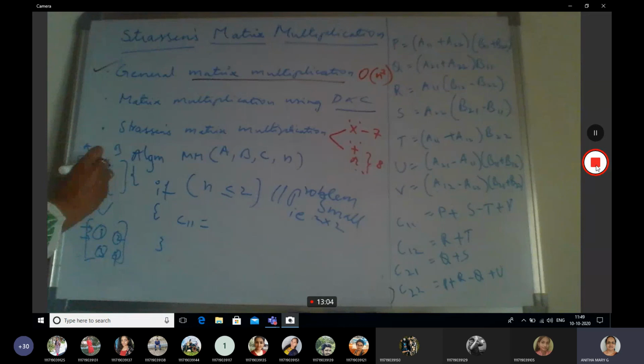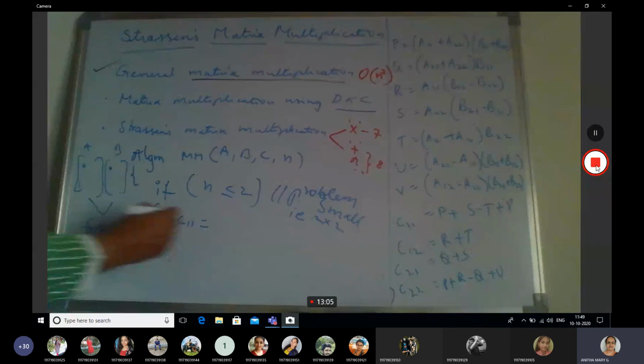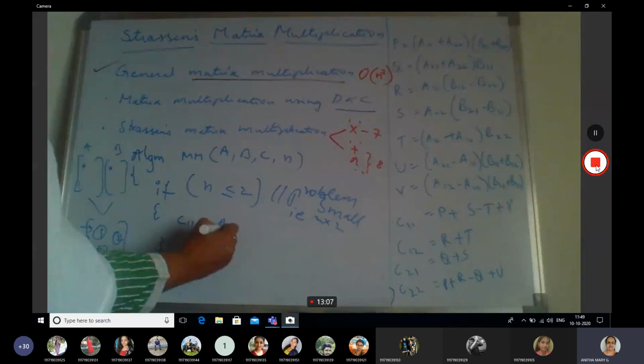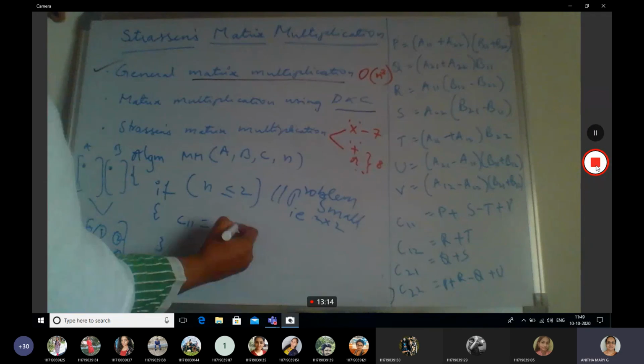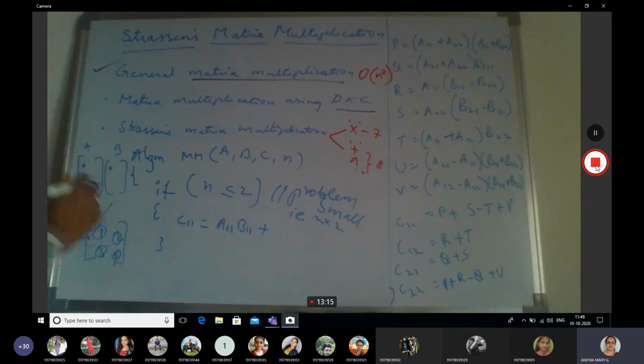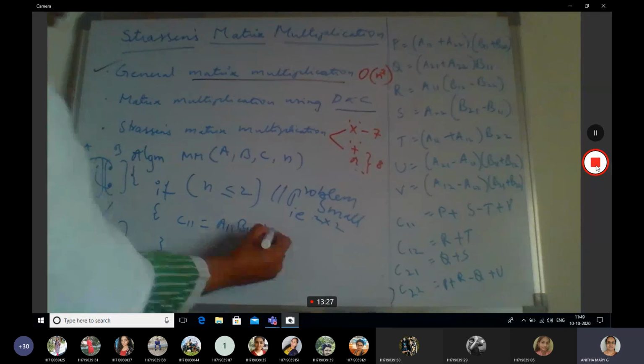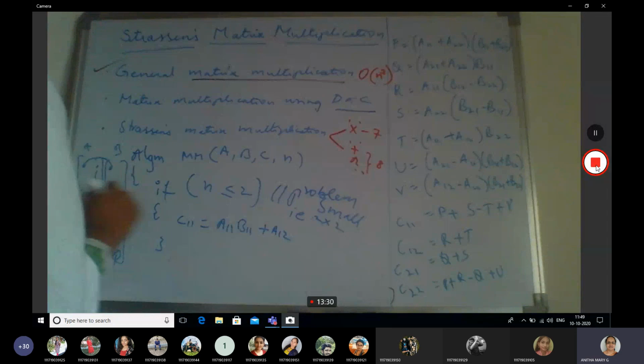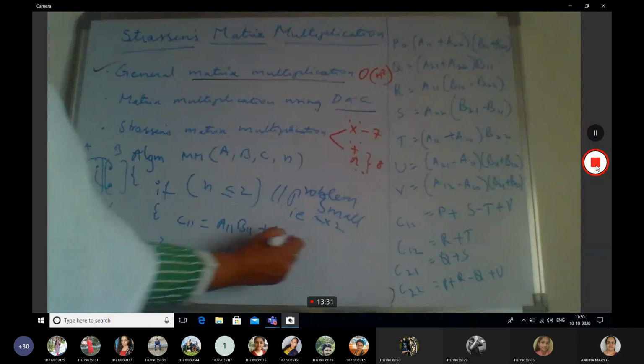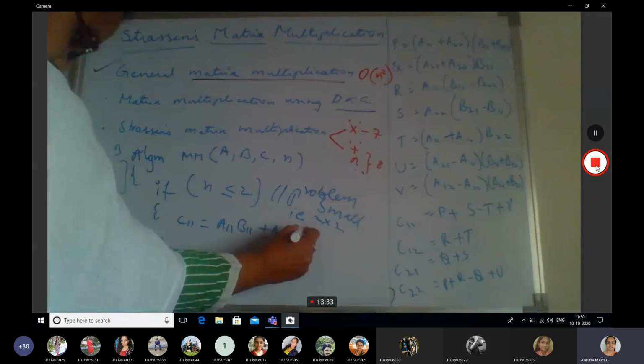So that is A11 into B11 plus this into this one. First we multiply these two and these two. So this is A11 into B11 and then A12 into B21.